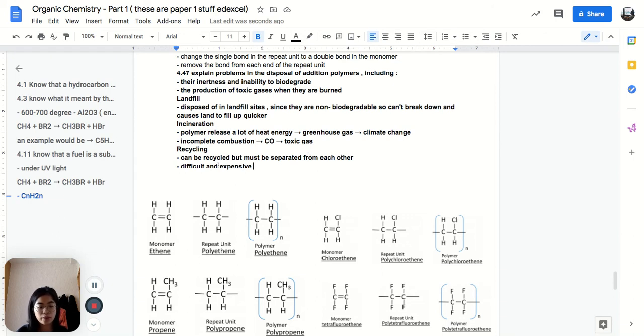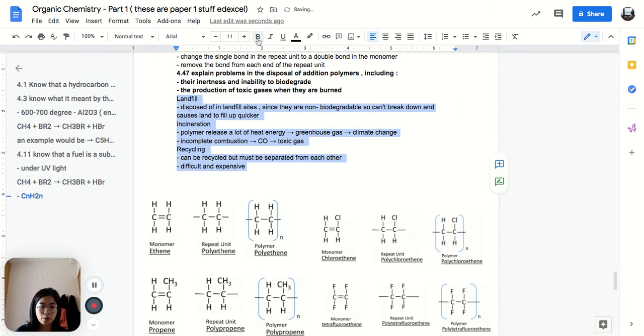If it's recycled, you need a lot of machinery and a lot of people to do this work, and that is why it is really annoying that you need to separate them if they need to be recycled. That is why addition polymer is not that good for the environment, and why we as humans should use it as little as possible.